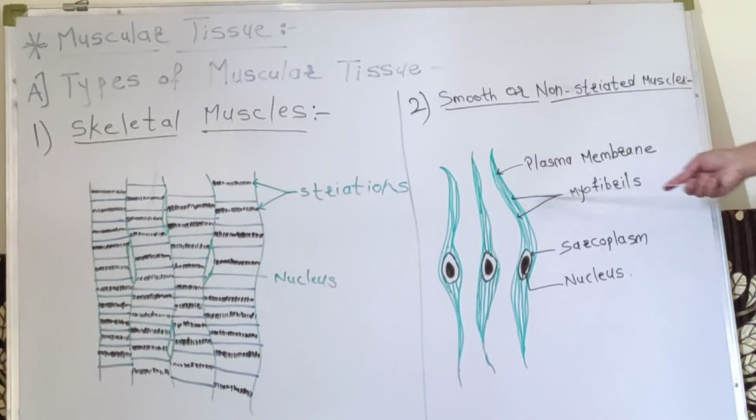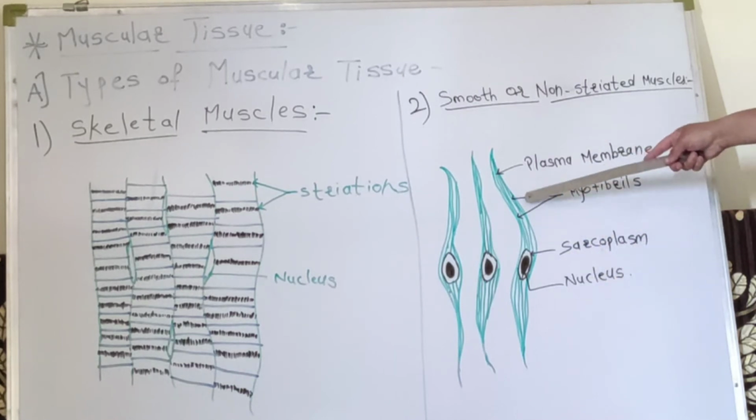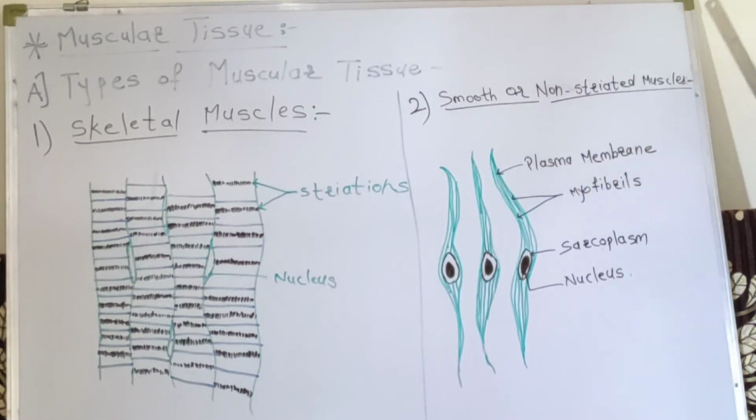And here there are myofibrils. Myofibrils are just filaments, the muscle fibers. This sarcoplasm contains the myofibrils, which are made up of actin and myosin. So it is called myofibrils. And here striations are absent.